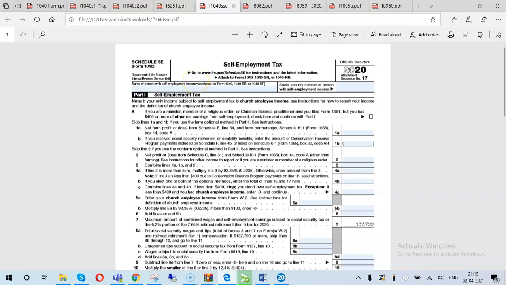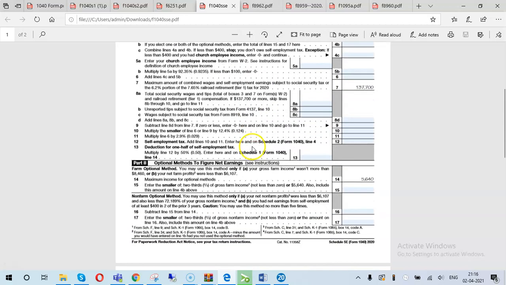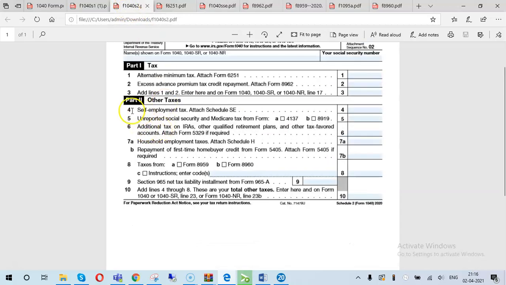If you have any business or if you are a self-owner of any business, then any taxes you pay should flow to Schedule 2. See line number 12, self-employment tax, enter here on Schedule 2 line number 4. So guys, any amount from line 12 of self-employment tax should flow here, line number 4 of Schedule 2.